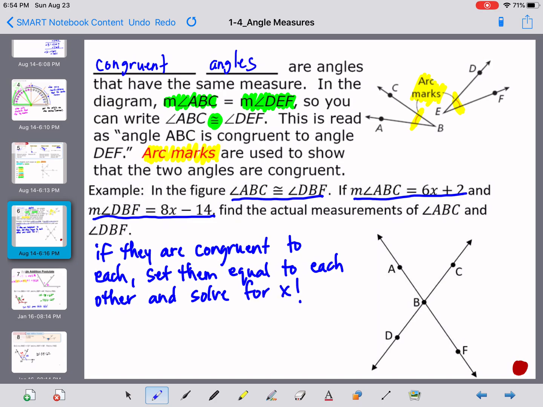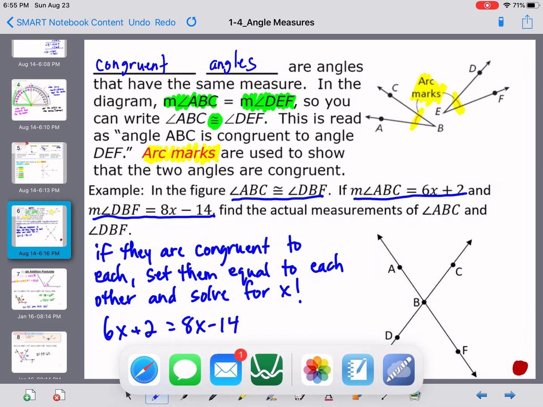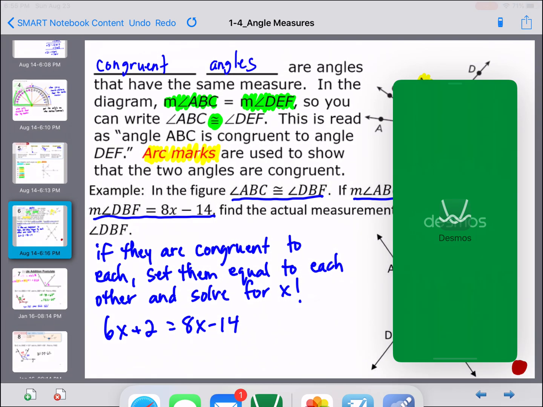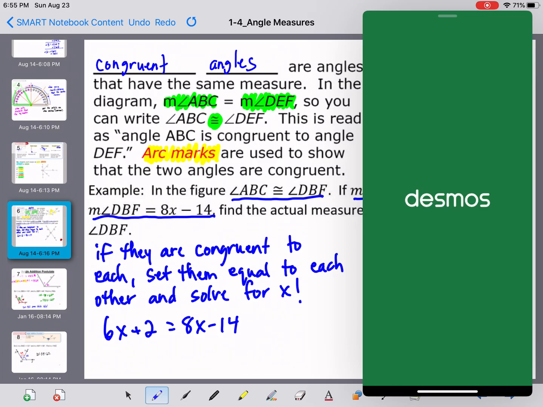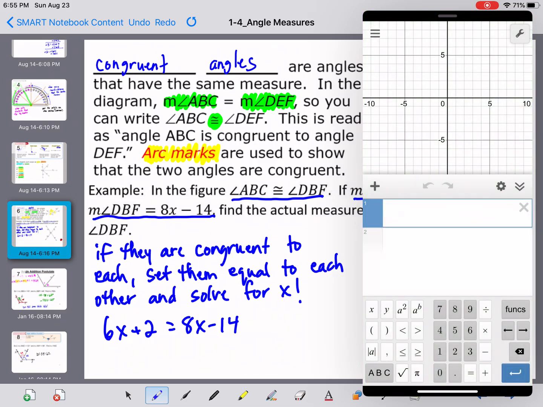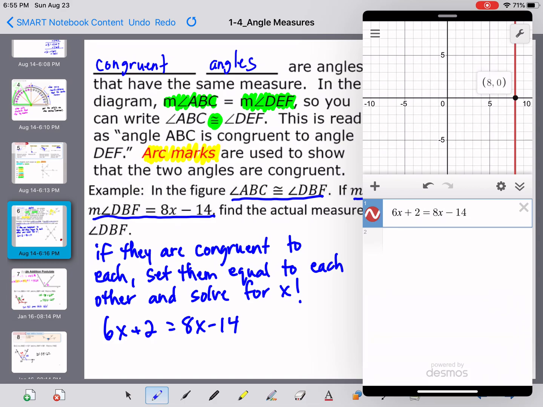Isn't that wonderful? So 6x plus 2 equals 8x minus 14. Where's my handy dandy calculator? Yay! X is 8. Is that my answer?